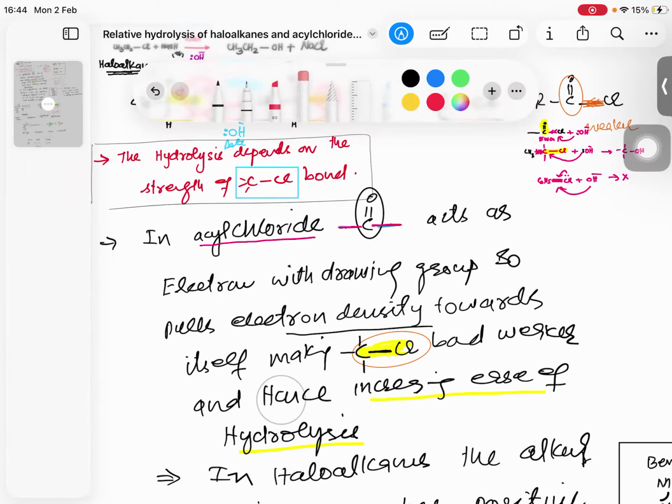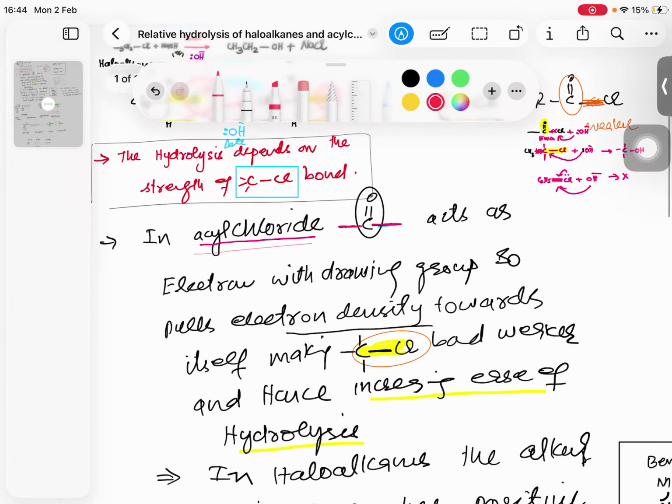Hence, increasing ease of hydrolysis. So if they ask whether acyl chlorides are faster in hydrolysis than haloalkanes, you say yes. Why? Because C=O acts as an electron withdrawing group, pulls the electrons towards itself, making the C-Cl bond weaker, hence increasing the ease of hydrolysis.